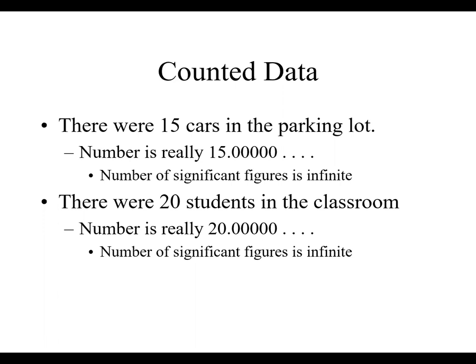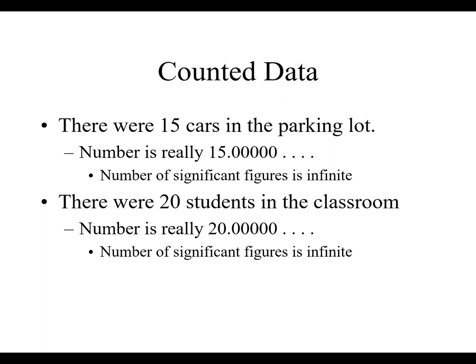If the number comes from a count of discrete objects, and by this I mean things that would never be cut into fractions, like cars in a parking lot, people in a room, pennies in a piggy bank, anything that you would only take in whole numbers, counts of discrete objects are of infinite precision because they're known exactly.